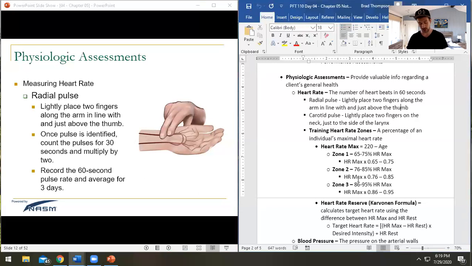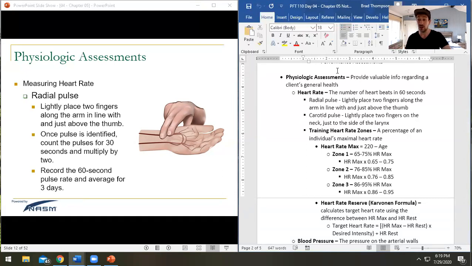Now, if your client is resting and you're just gathering it in general in the beginning, I think the 60-second method works just fine. You're not exercising. It's not inconvenient for you to do a full 60 seconds. NASM is going to recommend 30 seconds and multiply by 2 or 10 seconds and multiply by 6.